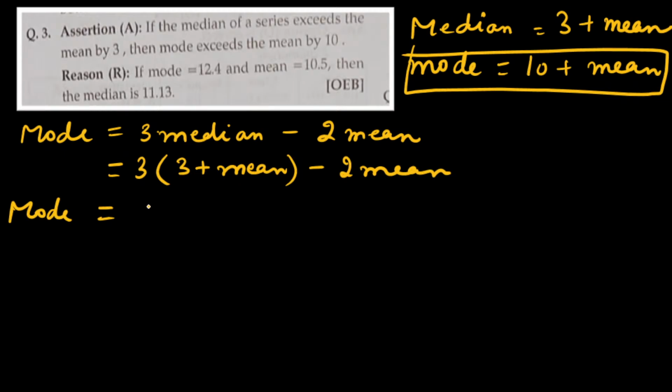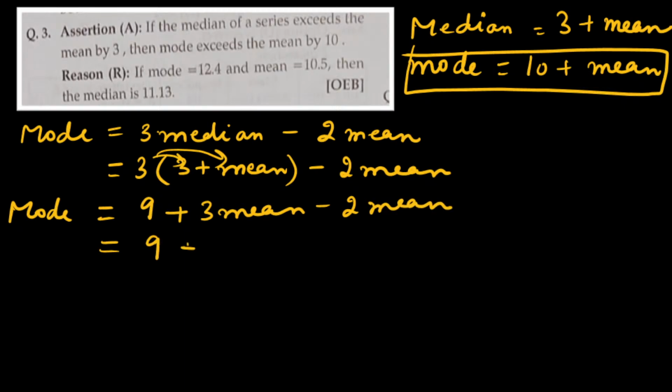So 3 into 3, 9, plus this will multiply with both. 3 into mean is 3 mean, minus 2 mean. So mode, what will I get? 9 plus, these are like terms, 3 times mean minus 2 times mean. 3 minus 2 is 1. So 1 mean I can just write as mean.